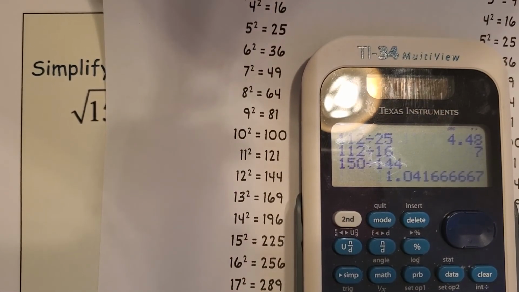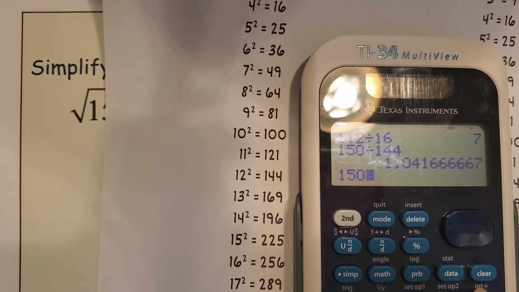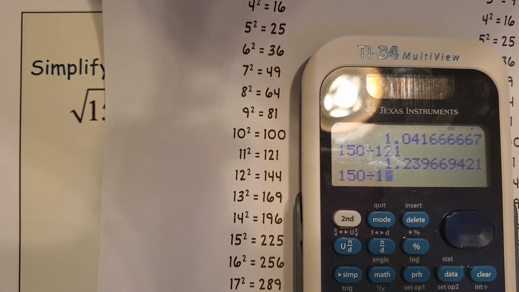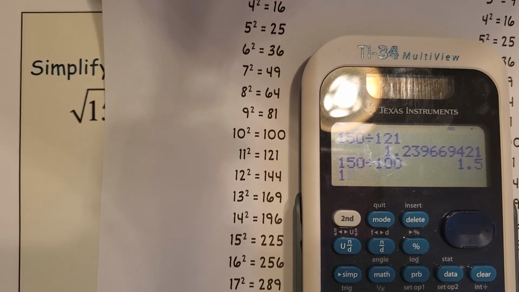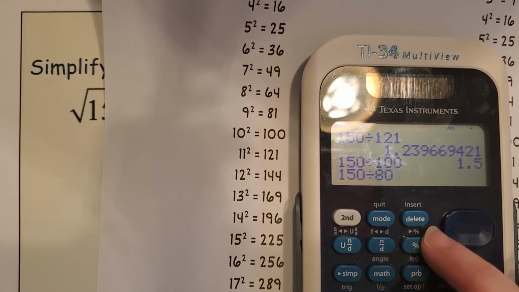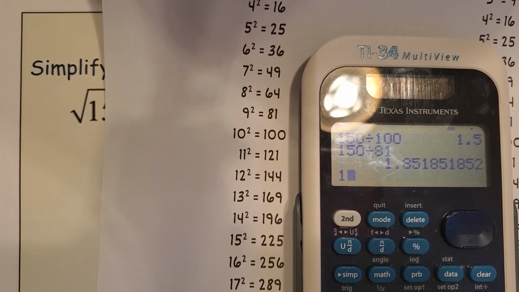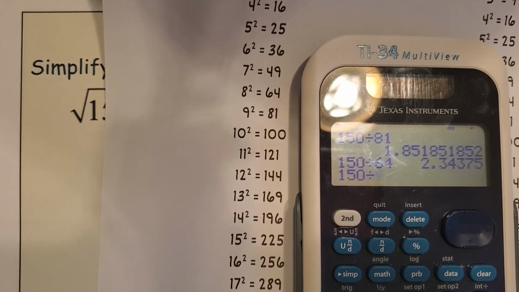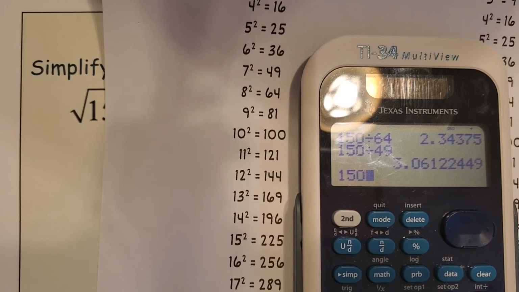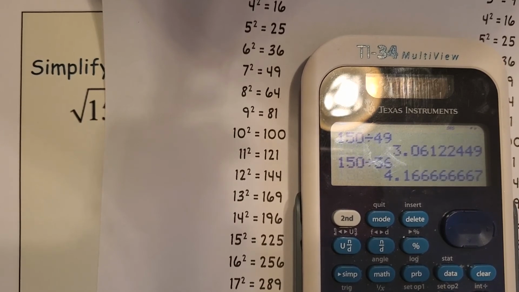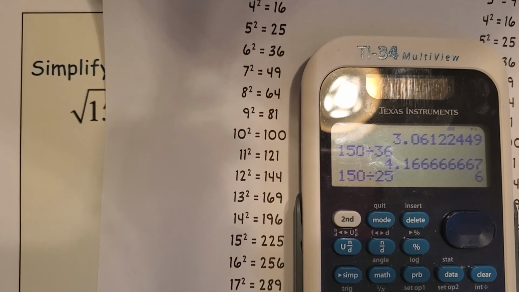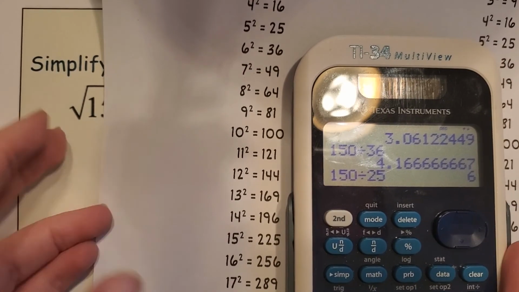I think I already know what number is going to work here, but again, just for the sake of consistency, we're going to go through the whole list. Yeah, 25. All right.